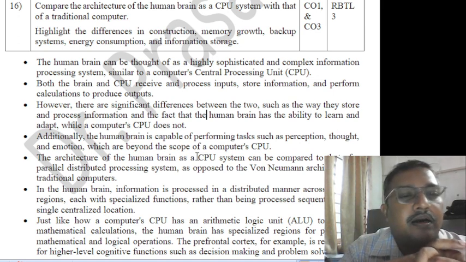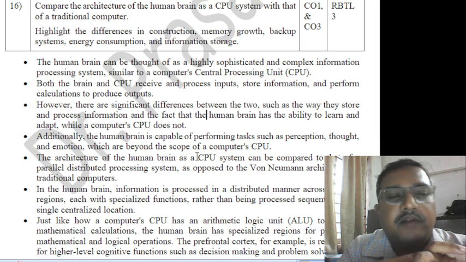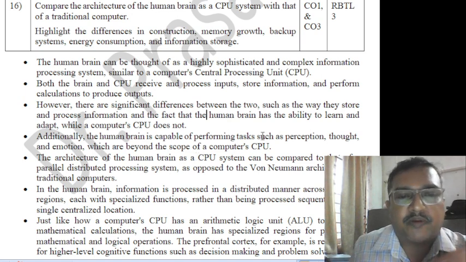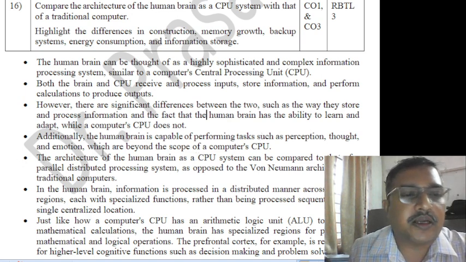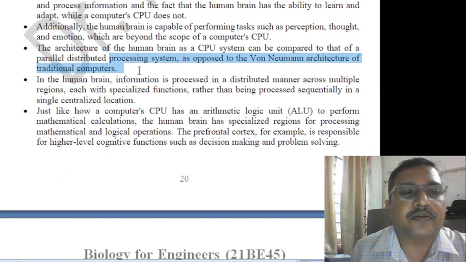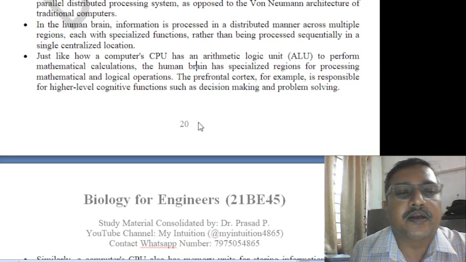But still, right now the CPU can't beat the brain's function. Additionally, the human brain is capable of performing tasks such as perception, thought and emotion, which is not possible with the computer. So these are the comparisons between the CPU and the human brain.